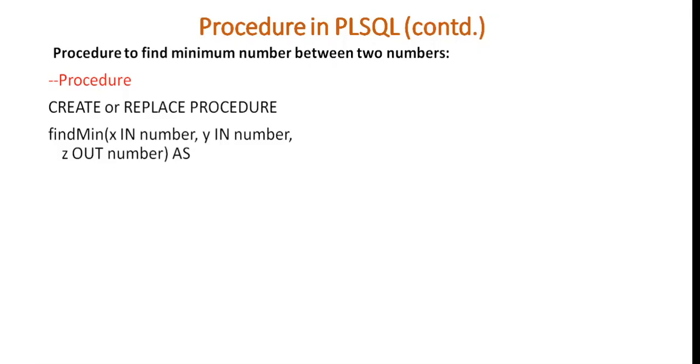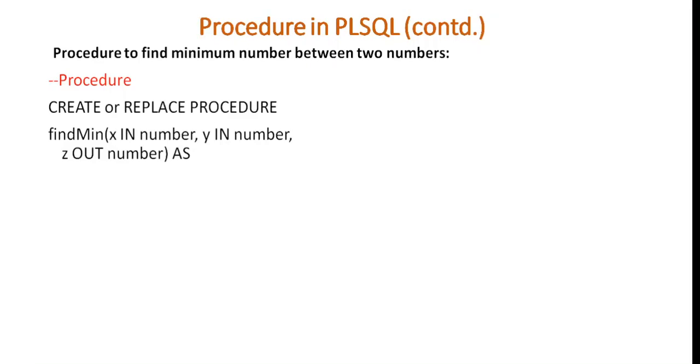X IN number, that is, x is an input parameter of number type, y is an input parameter of number type, and z is an output parameter which is also of number type. Here we are receiving two input parameters from the calling block, that is, we need to pass two parameters as input, and this procedure will return the value of one parameter, which is an output parameter.